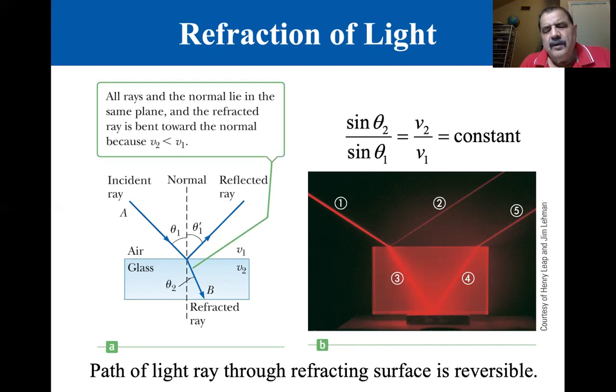We're going to learn about that constant of proportionality, and it's related to the index of refraction. Now, the path of a light ray through a refracting surface is reversible, and you can see the reversibility here. From 1 to 3, it's reversing from 4 to 5.